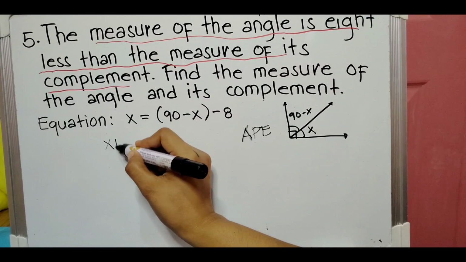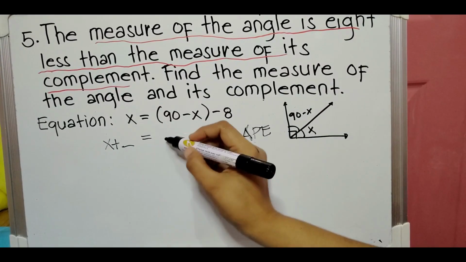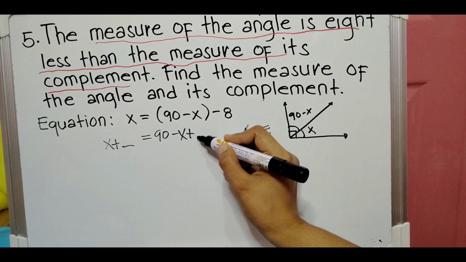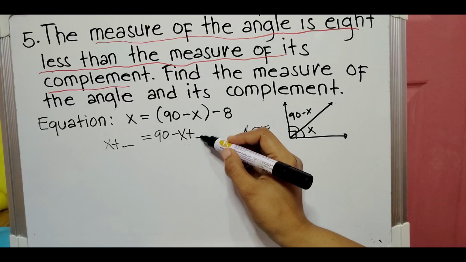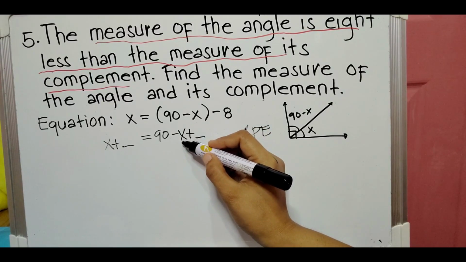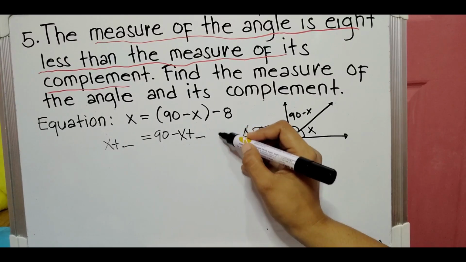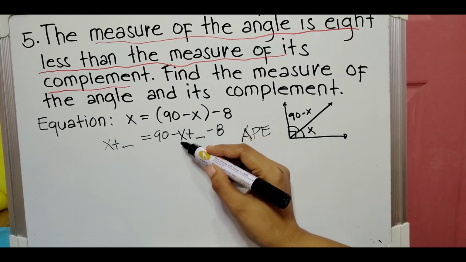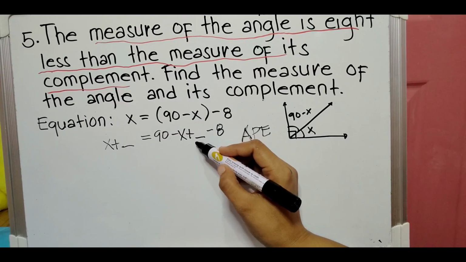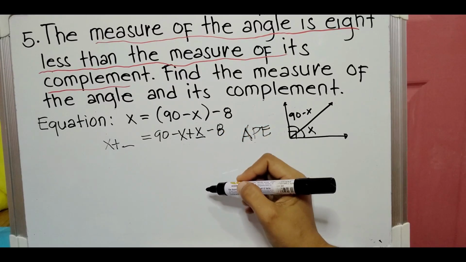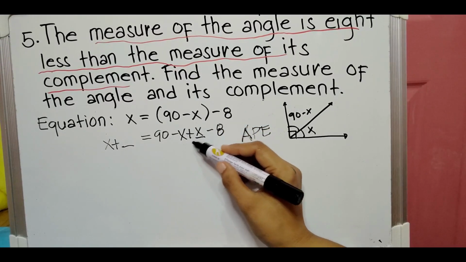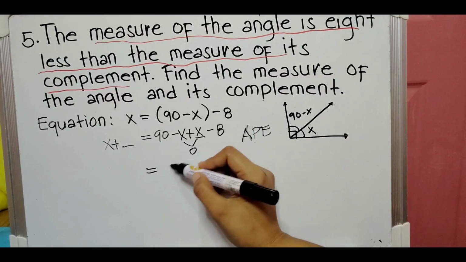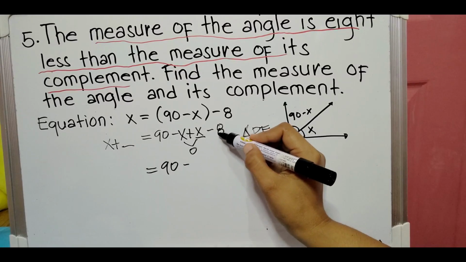So we'll copy x equals 90 minus x plus a number or variable that we will add so that negative x plus this one will become 0, and copy minus 8. So we'll add x, so that negative x plus x, the sum is 0, leaving 90 minus 8.